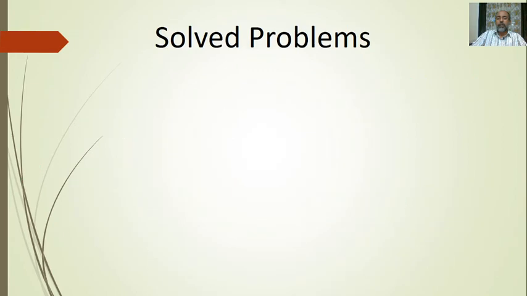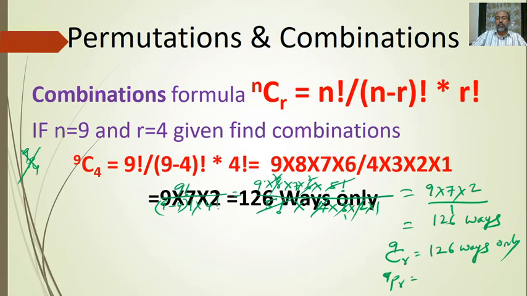Hence the ways are 126. This is the difference between combinations and permutations: in combinations there are only 126 ways, in permutations there are 3024 ways.